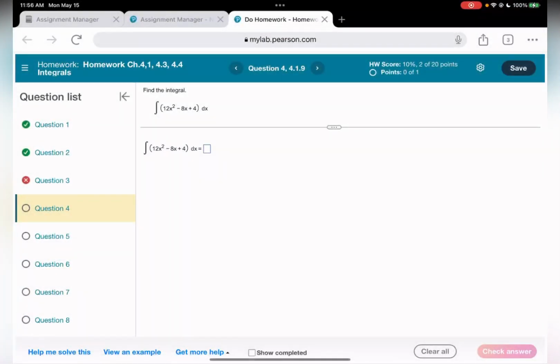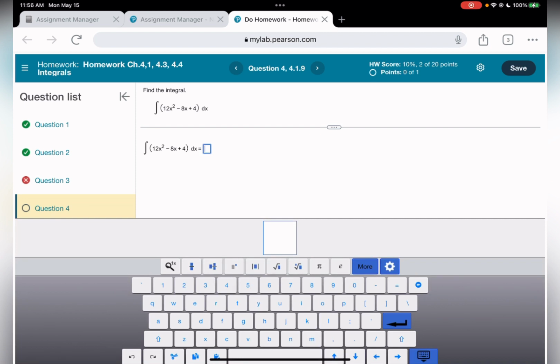We are getting 4x cubed. What did I put, z? Okay, next it's going to be minus 4x squared.